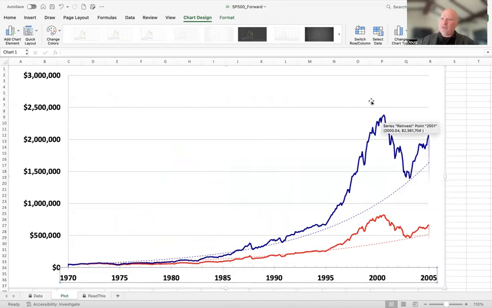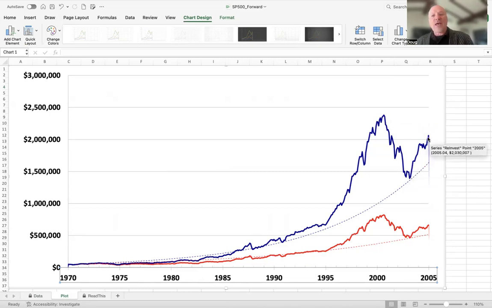In other words, as we approach retirement, this would be really some heart-stopping, heart-wrenching experiences for us. We'd go from a high of around 2.3, 2.4 million down to a value of less than 1.5 million, losing close to $1 million just as we're approaching retirement would have been really heart-wrenching and difficult. But then we might get excited because, well, it's coming back.